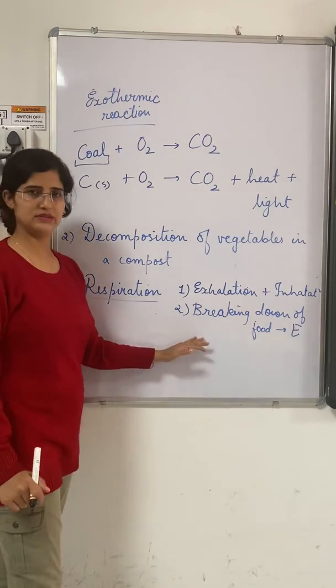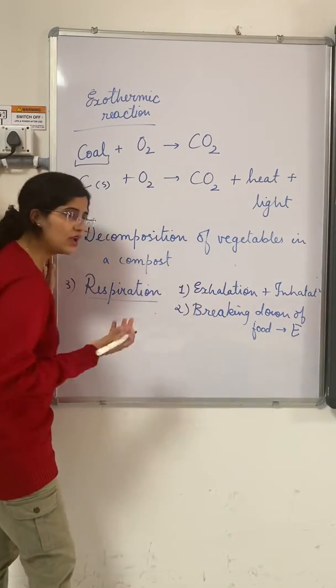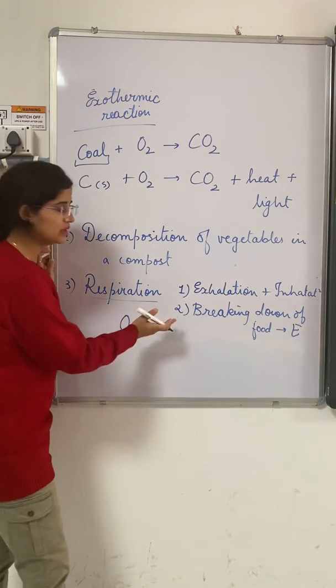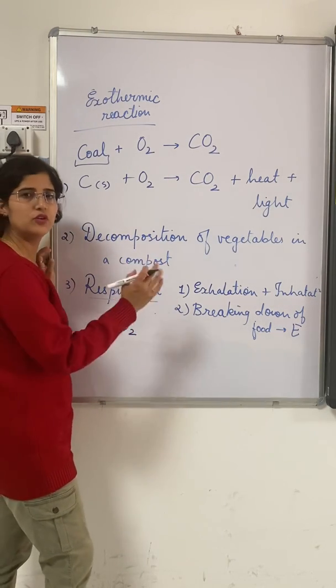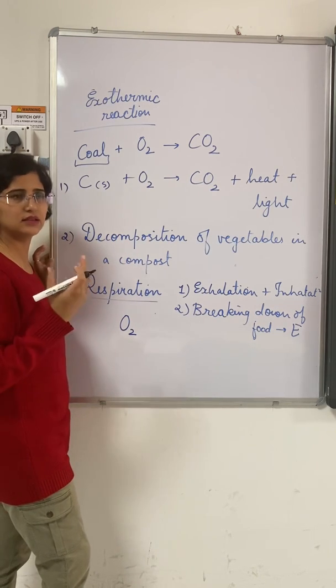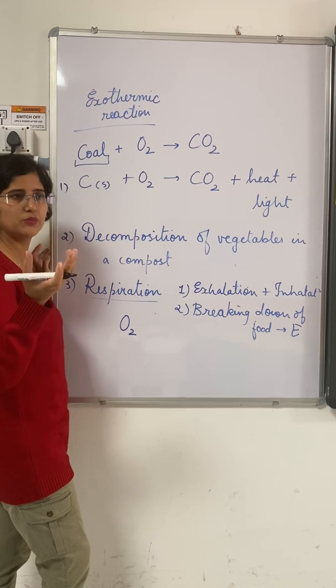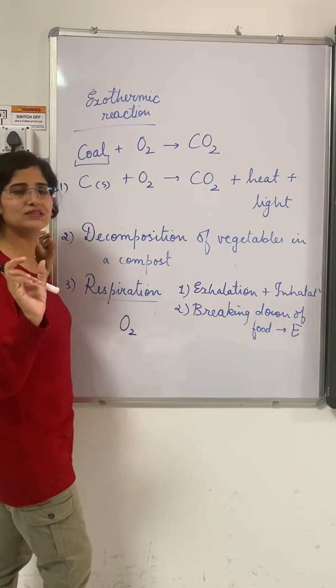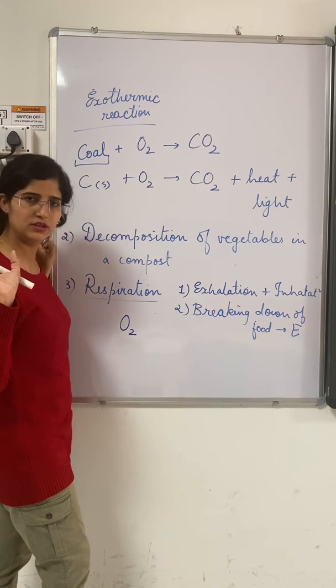Now see what happens in respiration. We take in oxygen, and during the process of digestion, your food is converted into its simplest form. What is the component which produces energy? You all know it is glucose. Glucose is responsible for energy in our body.